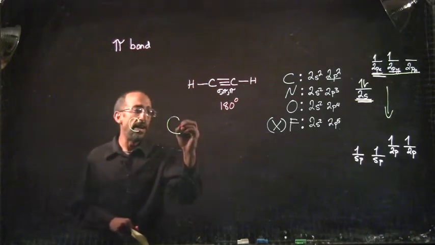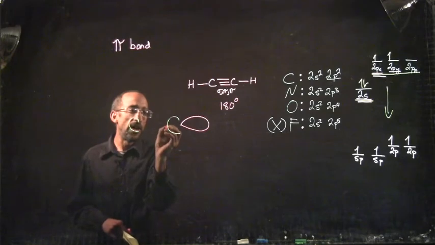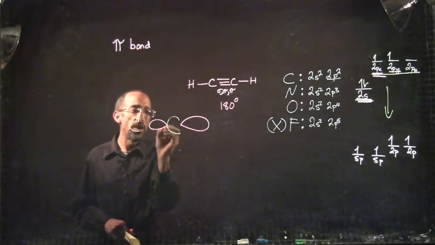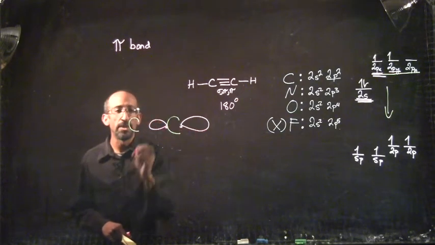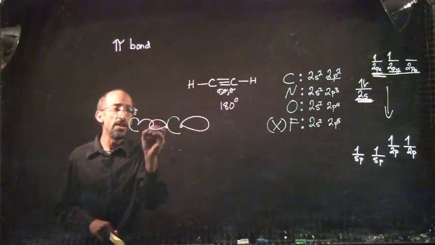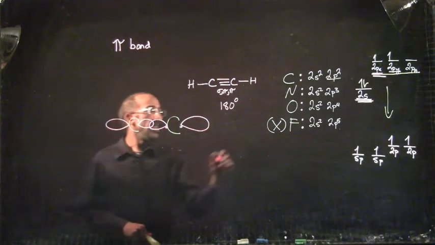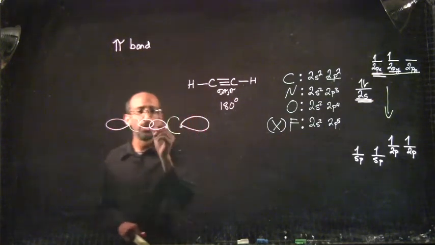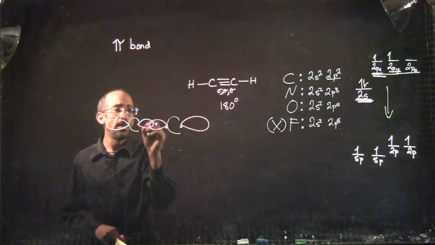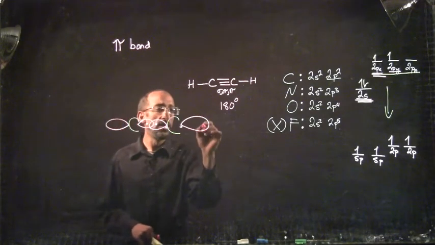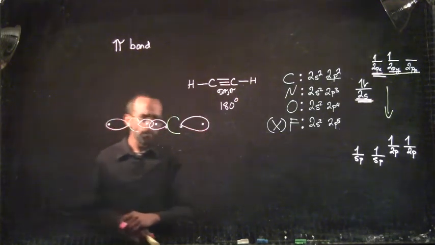And so we'll have one sp hybrid orbital coming off of the back side of this carbon, one off the front. Again, there's a little lobe for each of those that we typically omit. We have another sp hybrid orbital off this carbon and off this carbon. Each of our sp hybrid orbitals will have one electron in it. So there's one electron here, one electron here, one electron here, and one electron there.